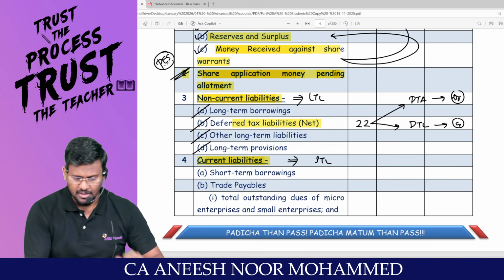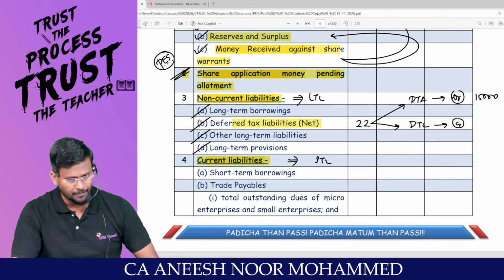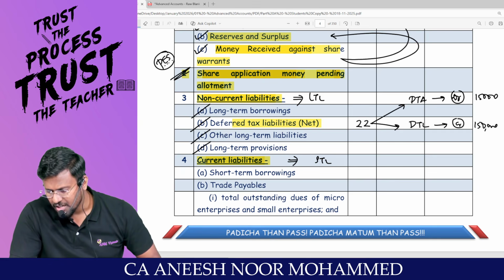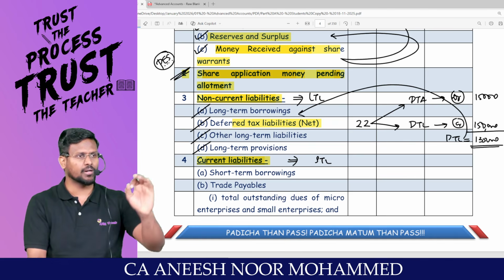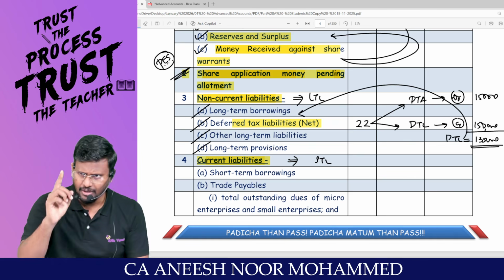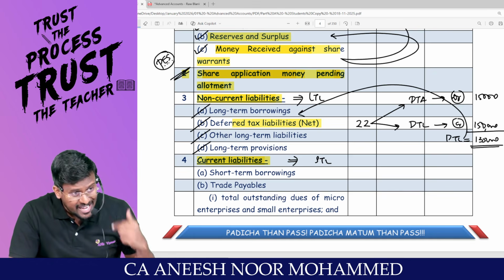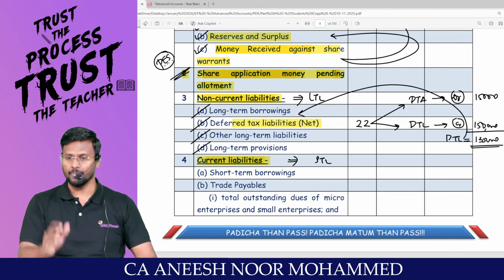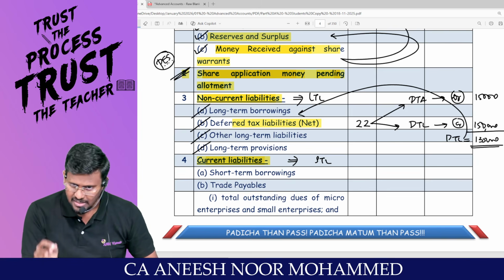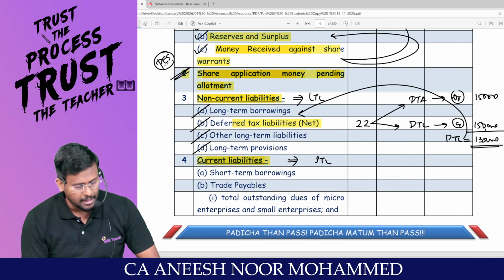Net means, sometimes, my dear lovable students, I may have 15,000 rupees deferred tax asset and 1,50,000 rupees deferred tax liability. I will show 1,35,000 rupees deferred tax liability. That's what net means. Are you all really with me? Either a deferred tax asset or a deferred tax liability will come to a company. Why a deferred tax asset, why a deferred tax liability, is what AS 22 is all about. If the company has deferred tax liability, it should show it as part B, deferred tax liabilities net.